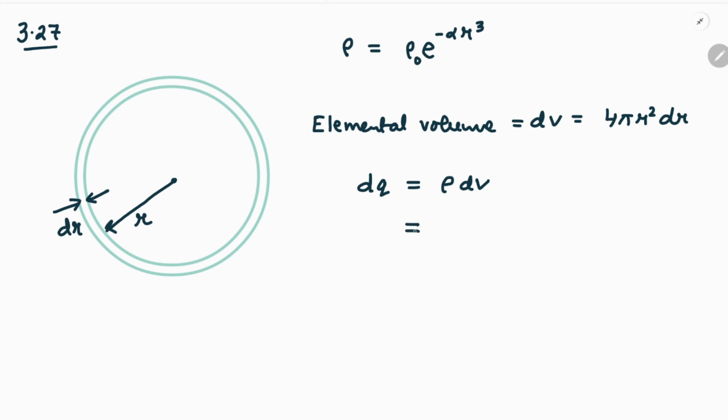So from here we obtain the expression as rho naught 4 pi r square e to the power minus alpha r cube dr. Since the charge density is given in terms of radius r, that is why we are considering a spherical distribution of charge.